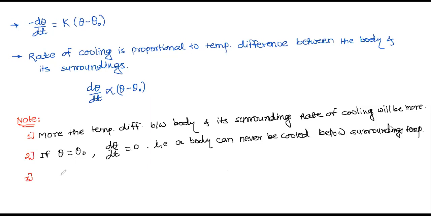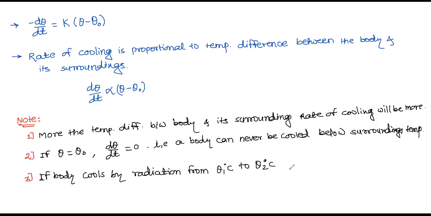If a body cools by radiation from theta 1 degrees Celsius to theta 2 degrees Celsius in time t, then d theta by dt is equal to, see, d theta is the change in temperature and dt is the time required.